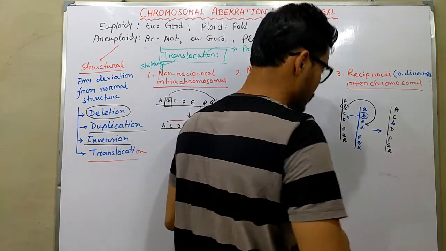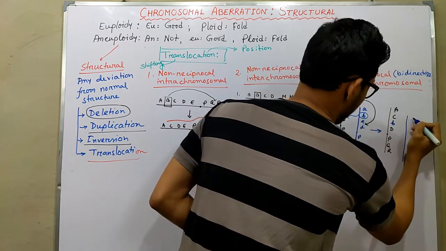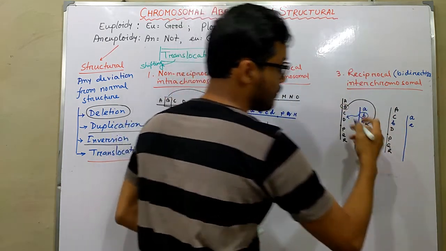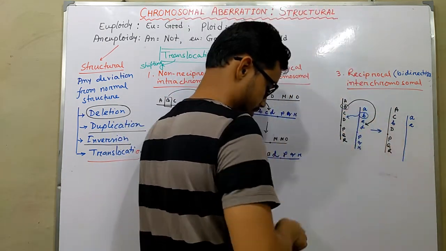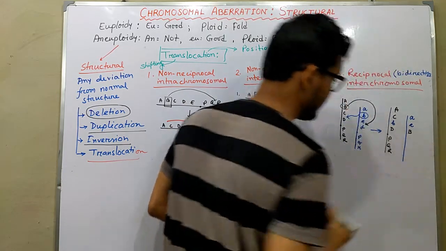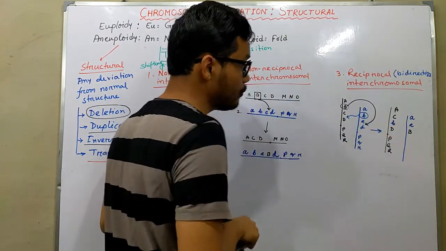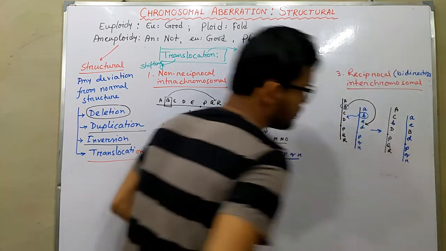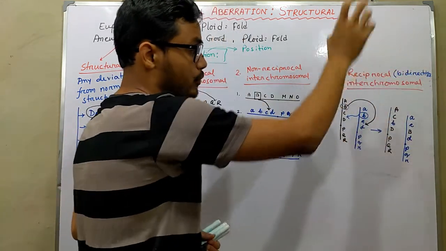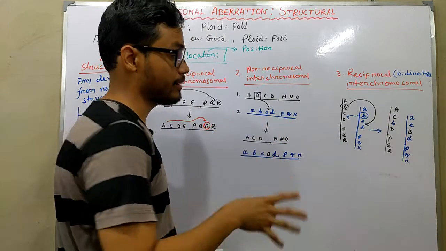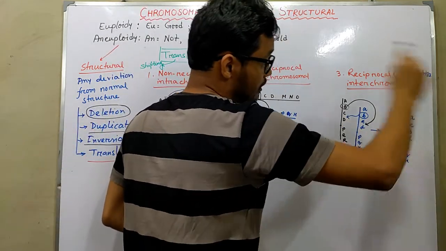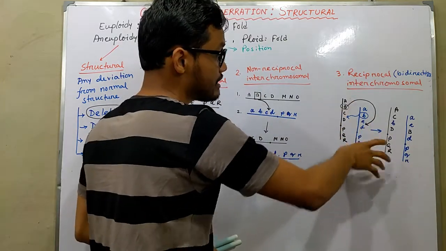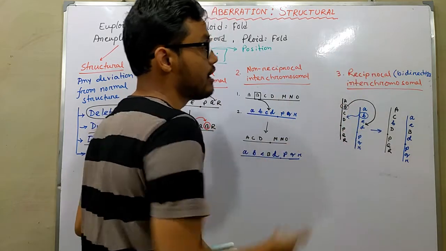In the second chromosome we have A, then C, because b is already shifted, next the segment that is shifted from chromosome number 1 to chromosome number 2, then D, then centromere, then P, then Q, then R. So this is an exchange in both directions. Chromosome number 1 exchanges its segment with chromosome number 2. So this is called reciprocal interchromosomal translocation.